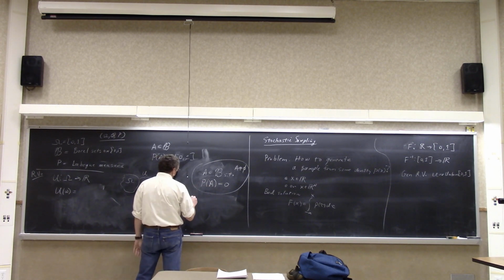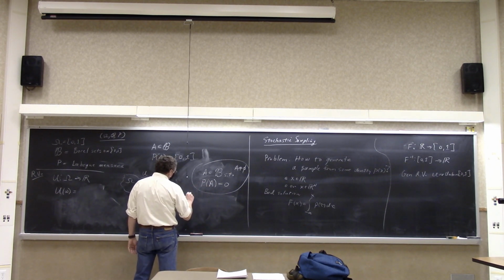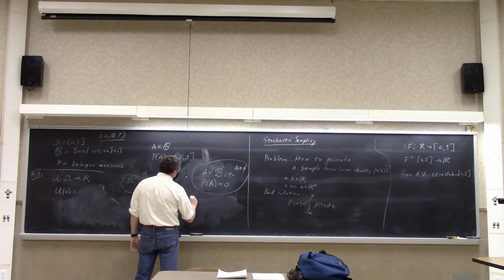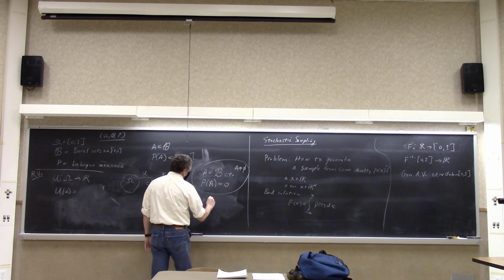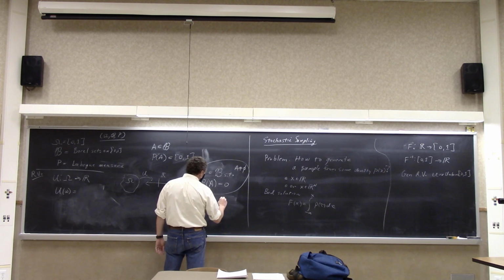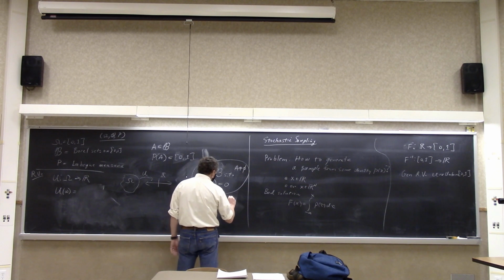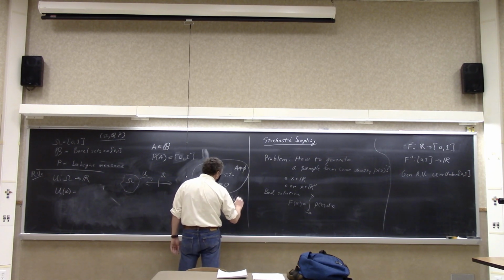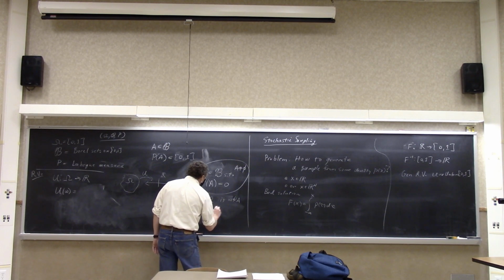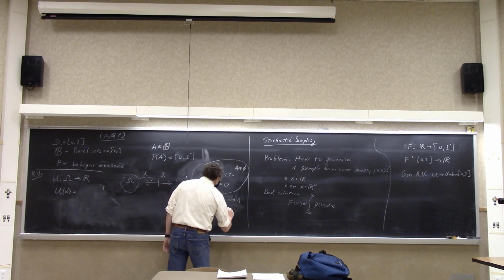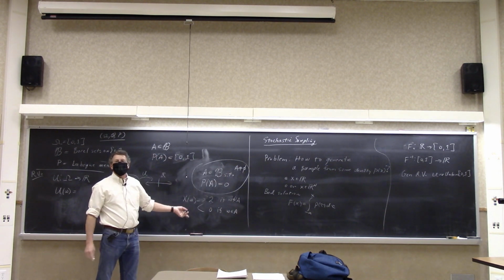So what we do is we define X of omega is equal to 2 if omega is not a member of A, and it's equal to 0 if omega is a member of A. And of course, all these omegas have to be in Omega.